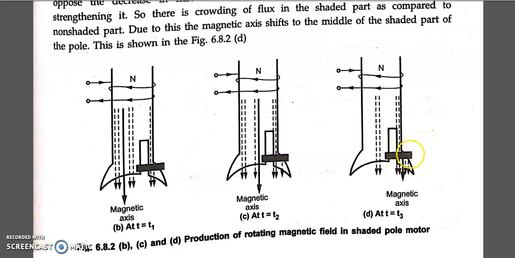Short circuit current will also flow in the copper shading band, and the current flows in such a direction that it always opposes the cause. Now what is the cause? Decrease in the flux is the cause. So now it is opposing that. What does it mean? The copper shading band current is opposing that, means it will try to increase the flux instead of decreasing it.